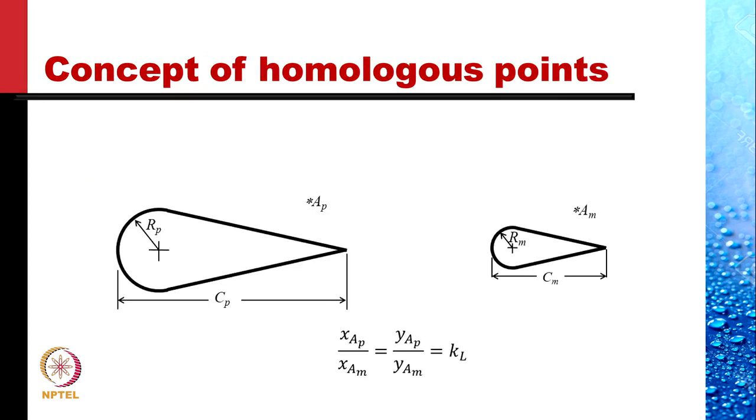We introduce here the concept of homologous points again. We have talked about that. The two points AP in the prototype and AM in the model are termed as homologous points if the ratio of the x coordinates is equal to the ratio of their y coordinates, both being equal to KL.